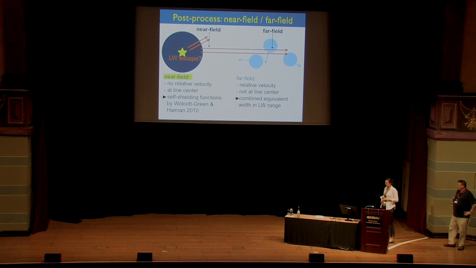I agree. And if I had more time, I would have explained that I'm actually considering the Lyman-Werner escape fractions in two limits. So what I talked about today is the so-called near field, where I use the self-shielding functions and where I'm sitting at the line centers.